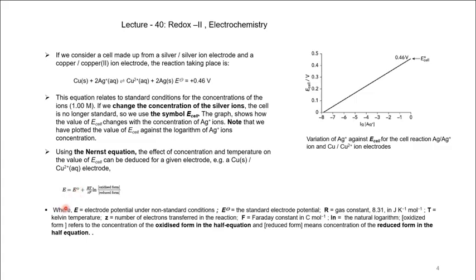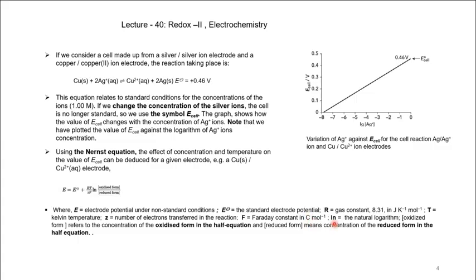Okay, so what is E? It is the electrode potential under non-standard conditions. E naught is the standard condition electrode potential. R is the gas constant, and we know its value. T is the temperature in Kelvin. Z is the number of electrons transferred in the reaction. F is the Faraday constant, and its unit is coulomb per mole.